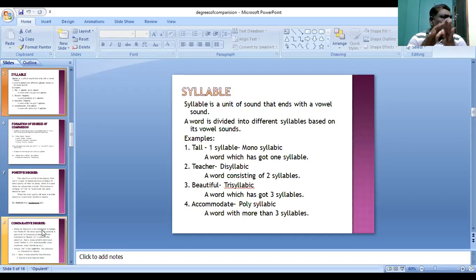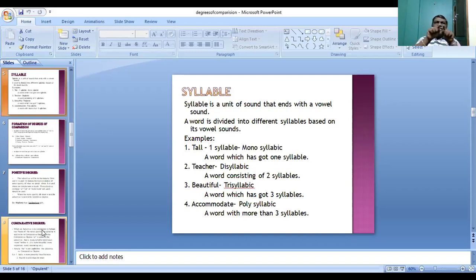How to make these? Before going for this, we have to understand a term called syllable. What do you mean by a syllable? Syllable is actually a unit of sound in a word. A word is split into different sounds. That's why very often we find them being demarcated with a hyphen.